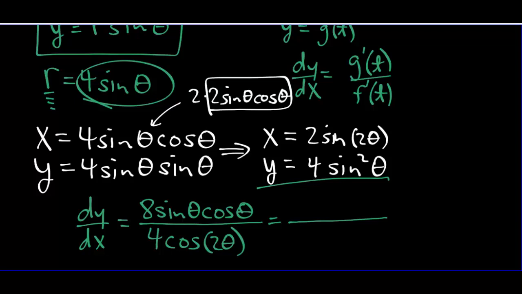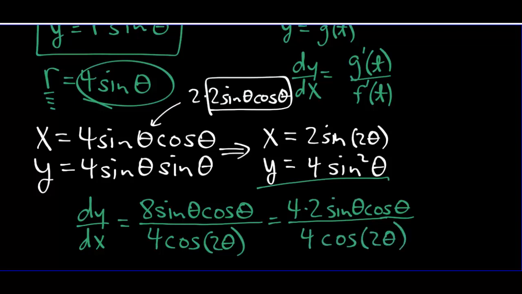Notice that I could write the top as 4 times 2 sine theta cosine theta, and down here I've got 4 cosine 2 theta. These 4's will cancel, and up top I get sine 2 theta over cosine 2 theta. So that is dy/dx.